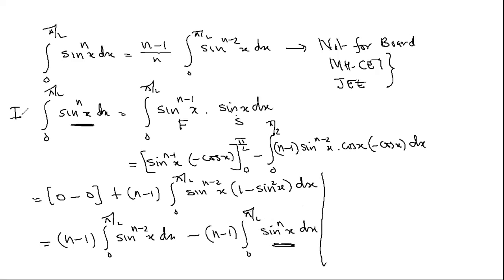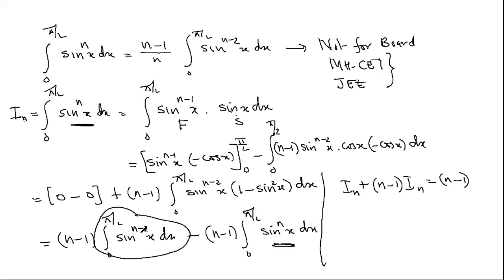Let me denote this by I_n. n stands for the power. Whatever the power is, it is known as I_n. So I_n plus n minus 1 into I_n is equal to n minus 1 into... Can you tell me, if you denote the power n as I_n, what will you denote this one? n minus 2. Yes.